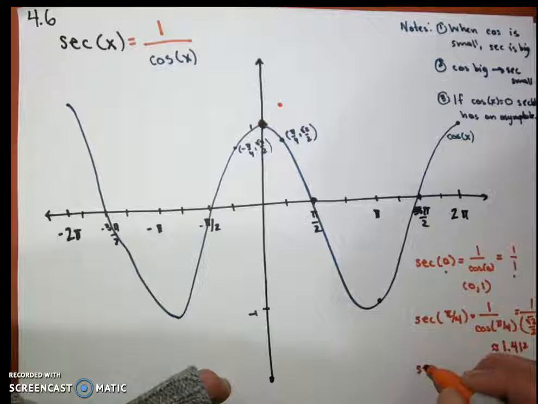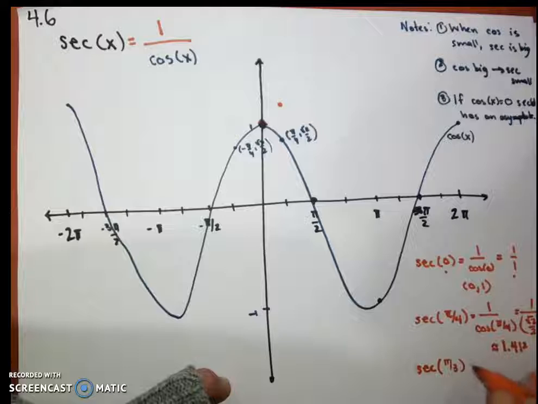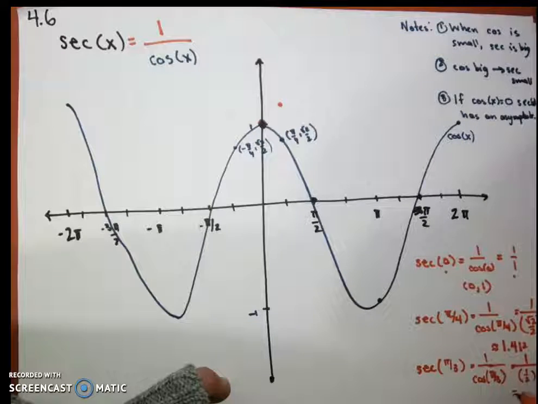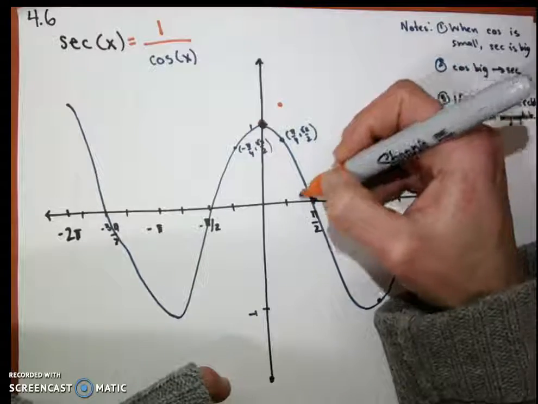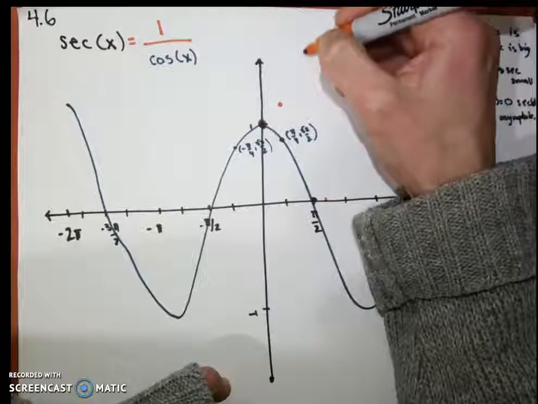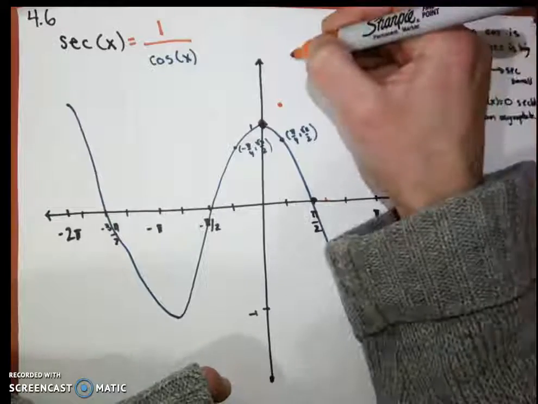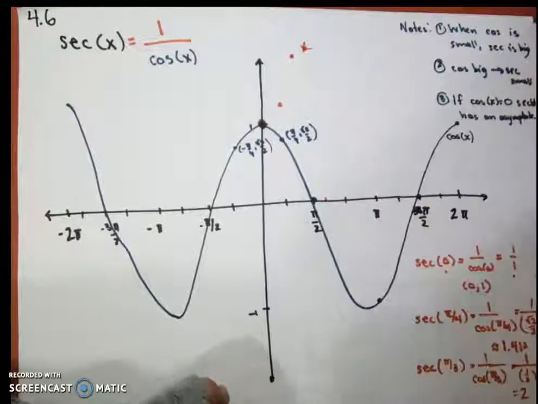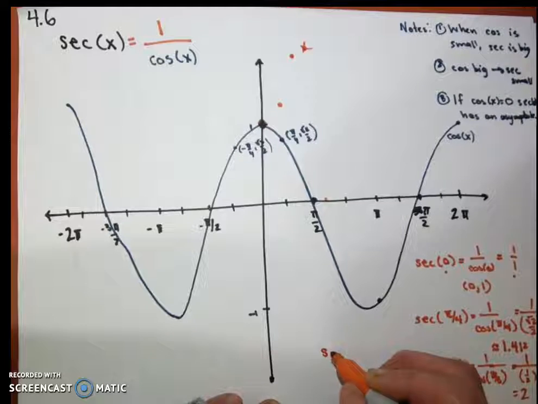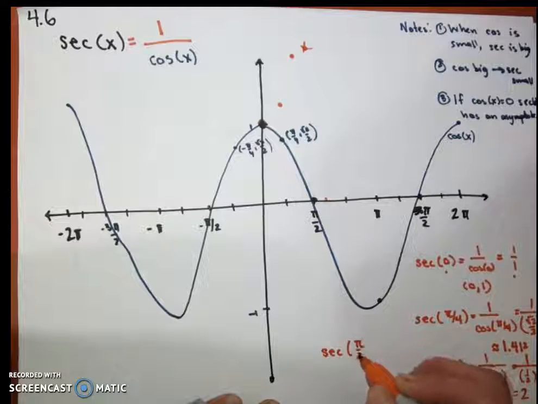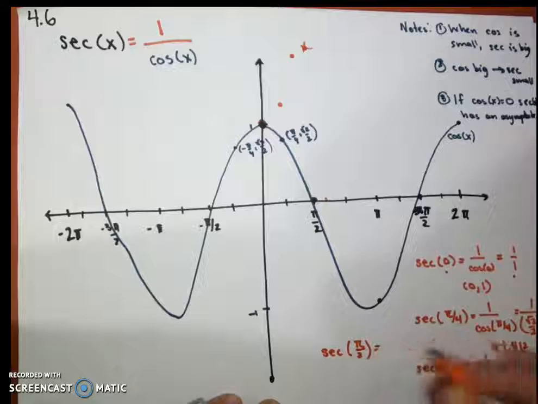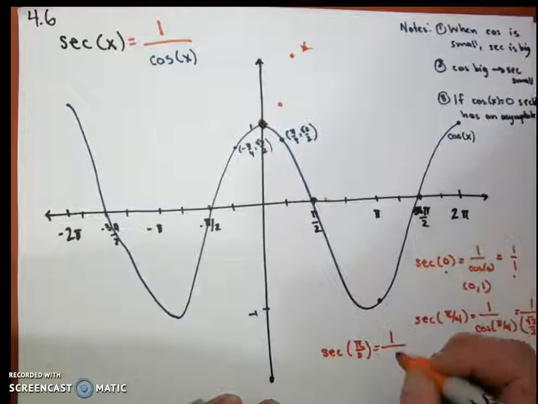Let's do a couple more. So secant of, let's try pi over 3. That's the same as 1 over cosine of pi over 3. Cosine of pi over 3 is 1/2. So this is like 1 over 1/2, which is 2. So at pi over 3, we're at about 2. Oops, pi over 3 is there. And finally, if we do secant of pi over 2, that's like 1 over cosine of pi over 2, but cosine of pi over 2 is 0.